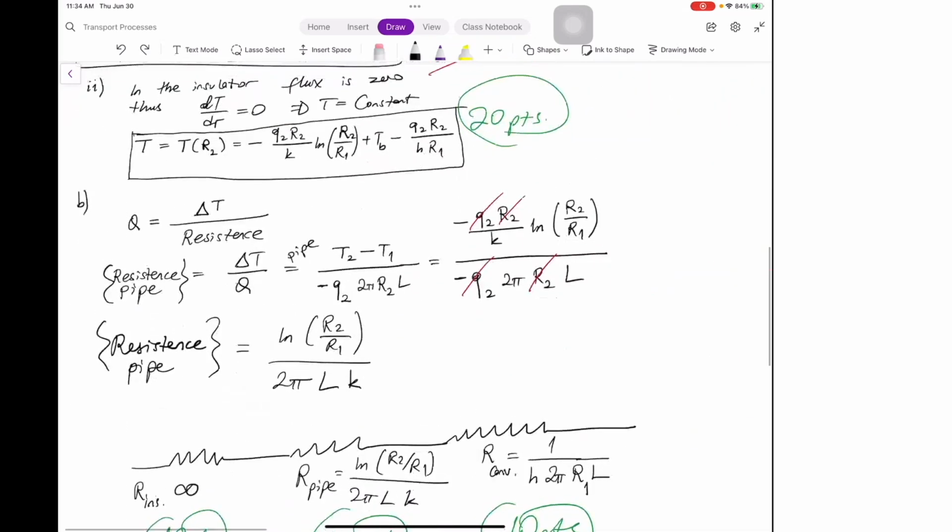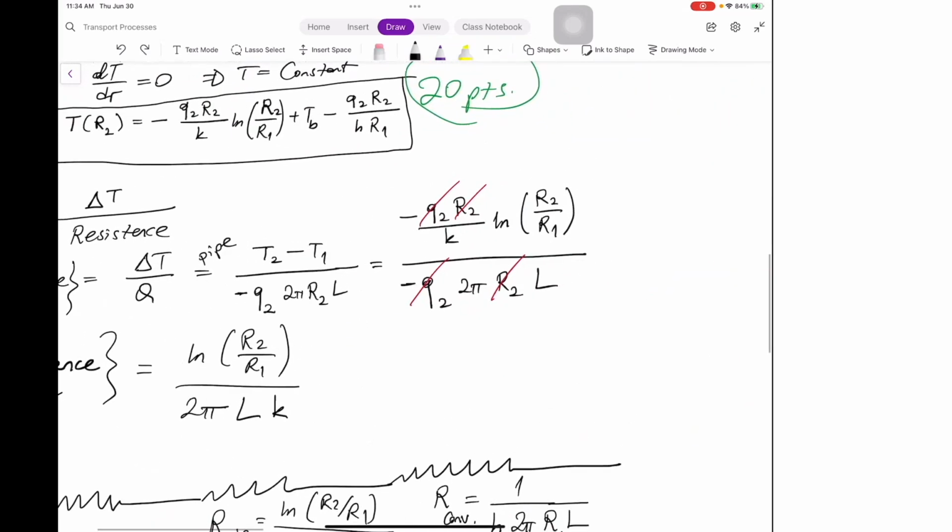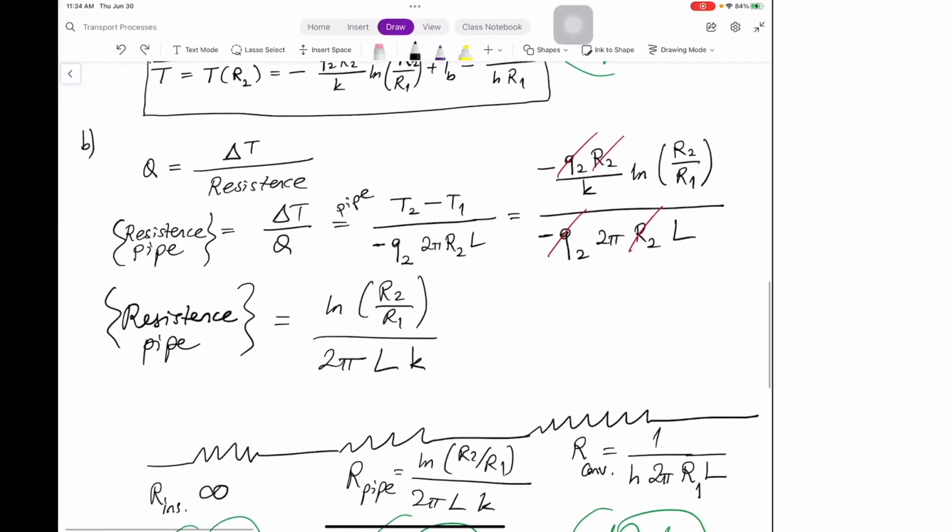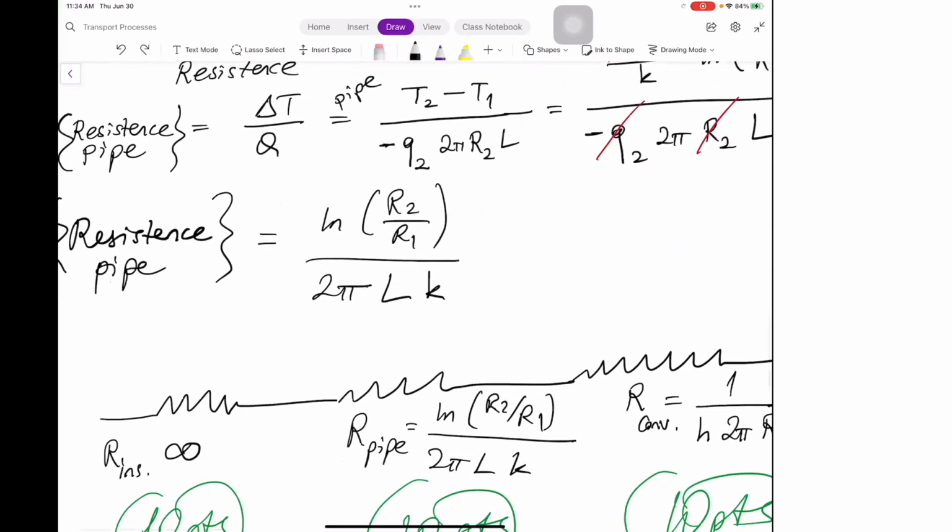And the C1 basically is nothing but the Q2R2, so you get negative Q2R2 over K. And in the denominator, you have the same Q2 and R2 terms. You can cancel them. You can simplify it to get ln R2 over R1, over 2 pi L K.